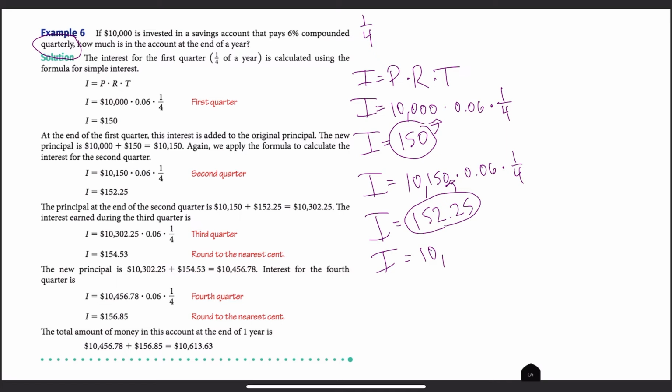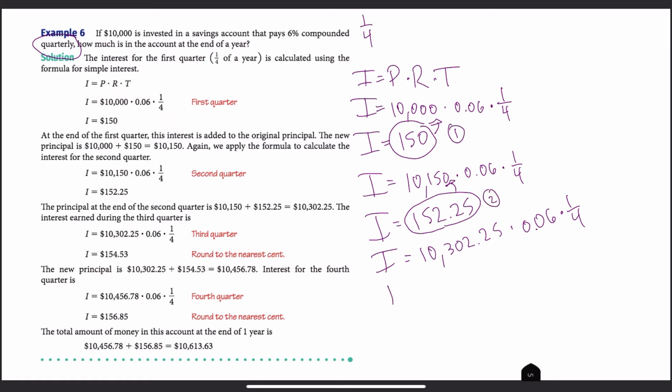So that'll be $10,302.25 times 6% times 1/4. So this is the first quarter, the second quarter.